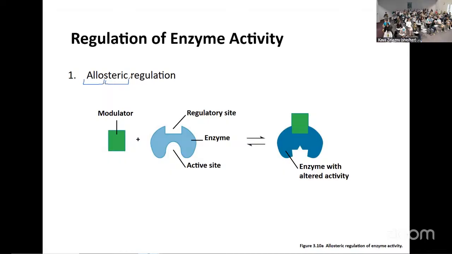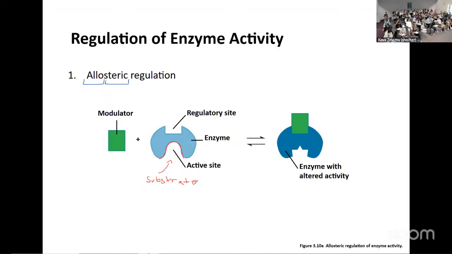You can see how that works on this depiction here. We still have an active site on this image, and we left the enzyme the same shape as our example on the previous slides. This is where our substrate would go. But that's not the only part of this enzyme that does anything.